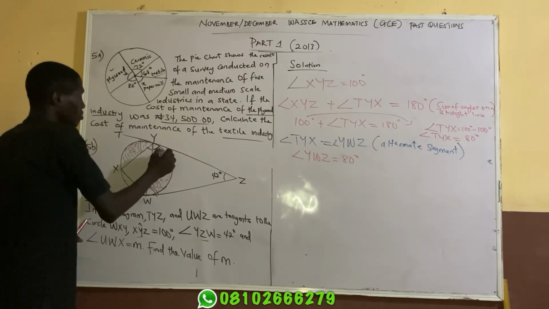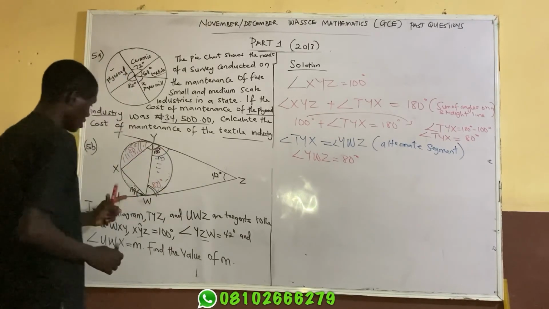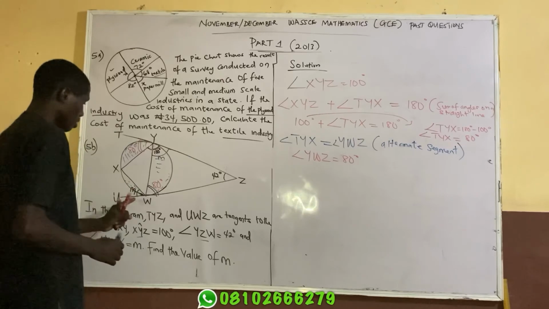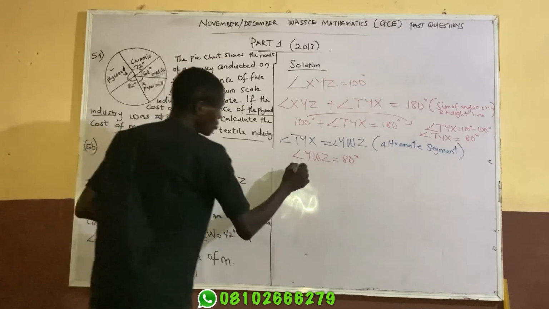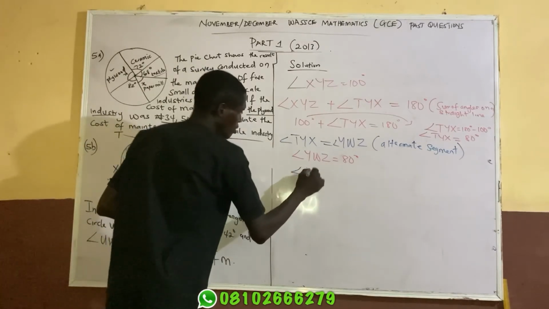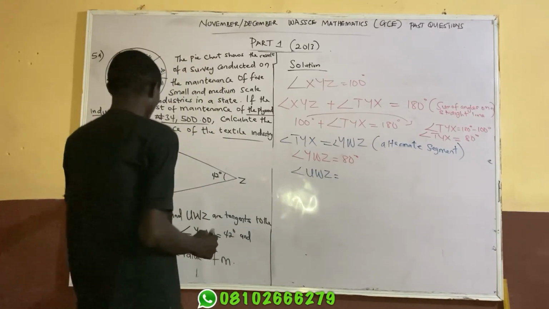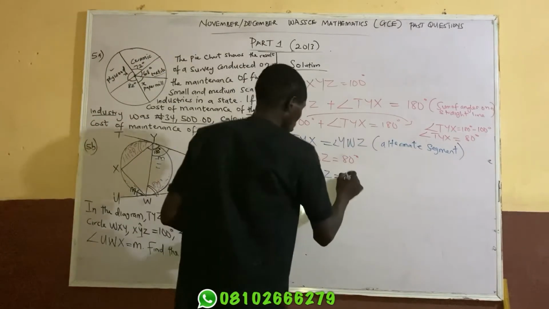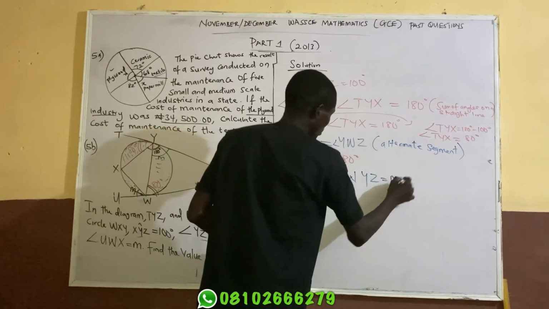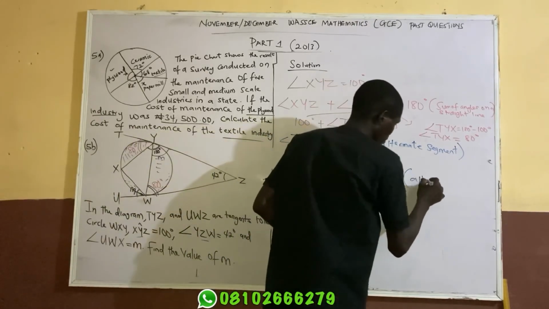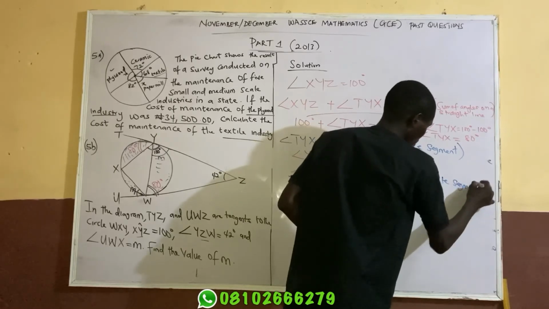And if you look at it very well, this is a triangle. Why is this M equal to this? Angle UWX is equal to angle WYZ, which is equal to M. Also alternate segment.